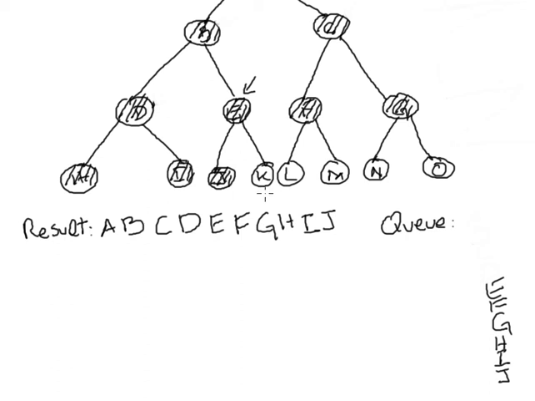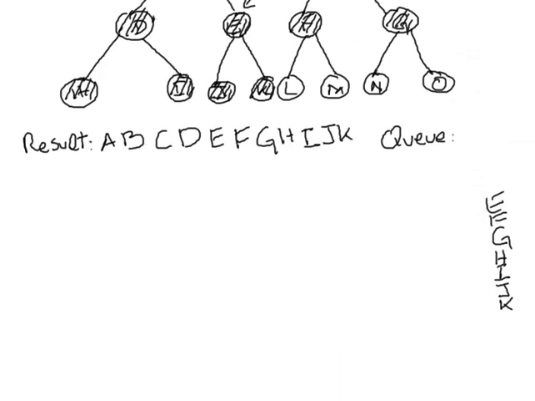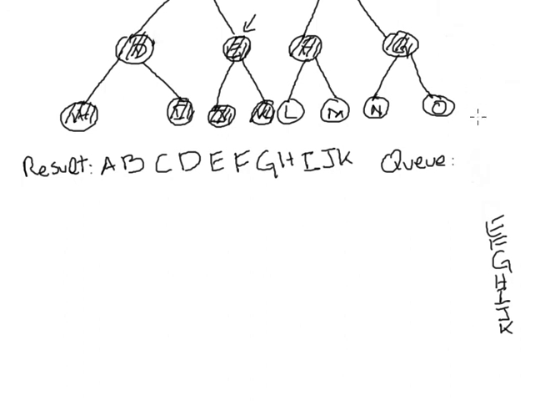Then the next one is K: put it on the output path, make it visited, and K goes in the queue, and E is pretty much served. Remember, this is still our queue; all of this is how we are generating our queue here.